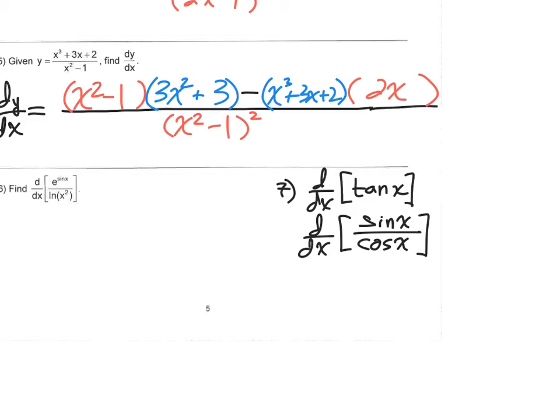So that new problem, derivative with respect to x of tangent of x. Tangent is the same as sine over cosine. So what did not look like a quotient rule situation was now made into a quotient rule situation. Now we do our low d high minus high d low, over denominator squared, and away we go.